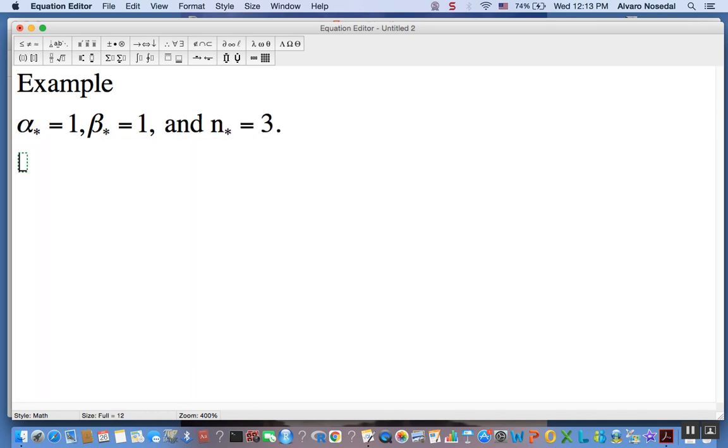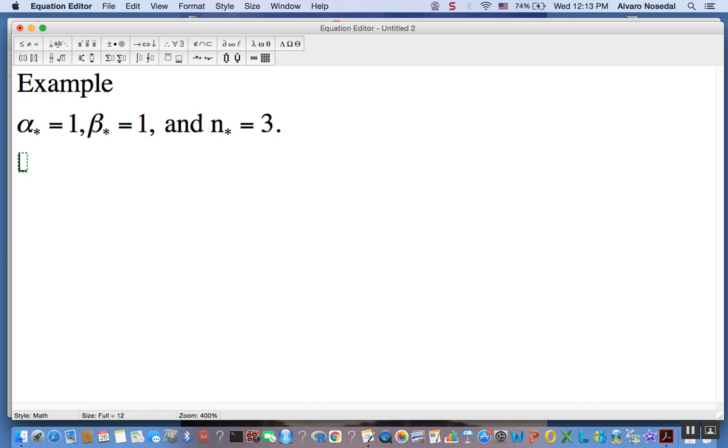Okay, so we have some previous data. After doing our calculations, we ended up with beta with parameters alpha star equal to 1, beta star equal to 1, and we want to predict what happens. We want to come up with a probability of observing y star successes in a future sample of size 3. Make sense?